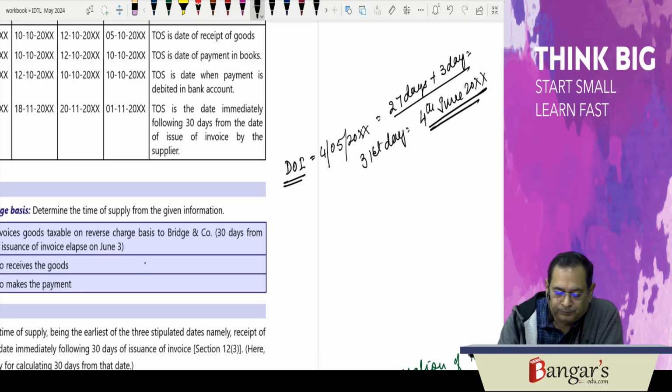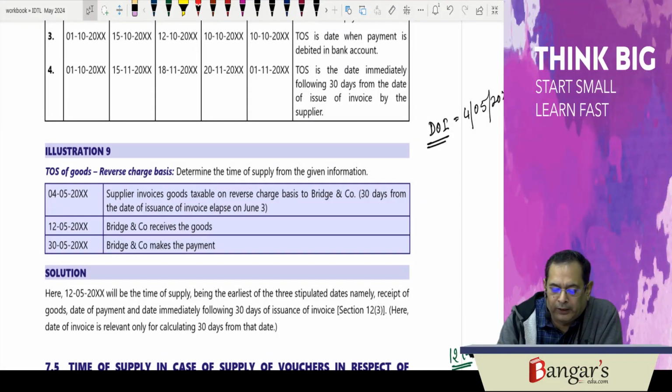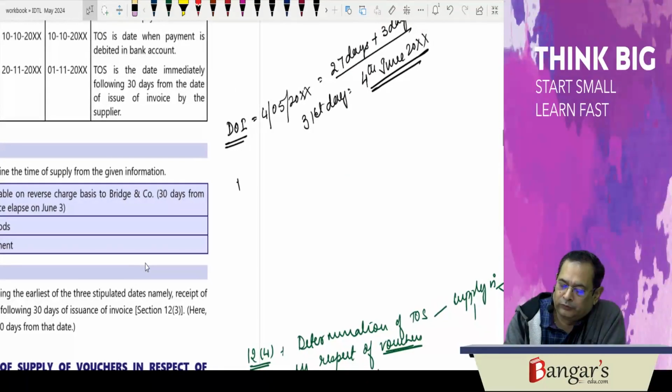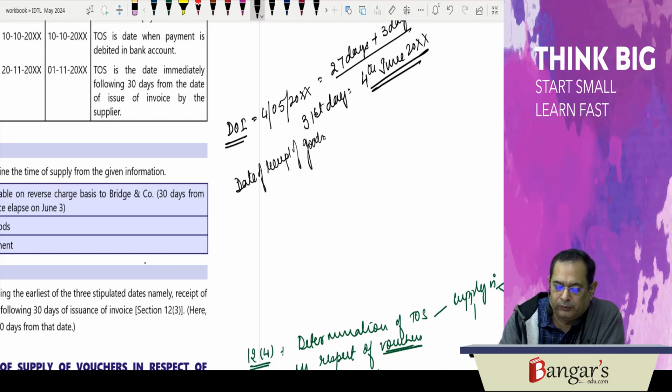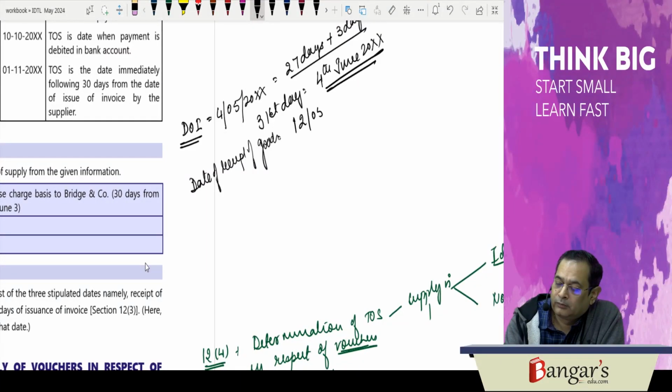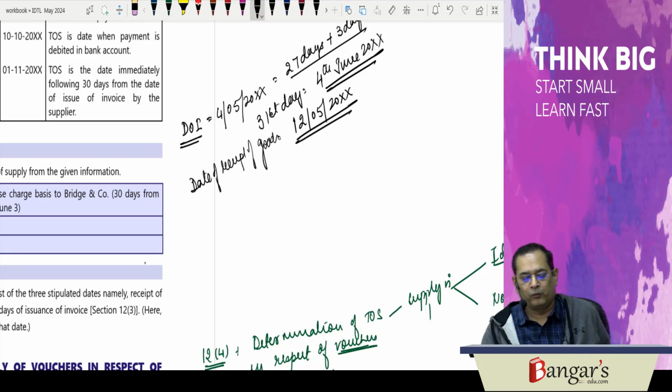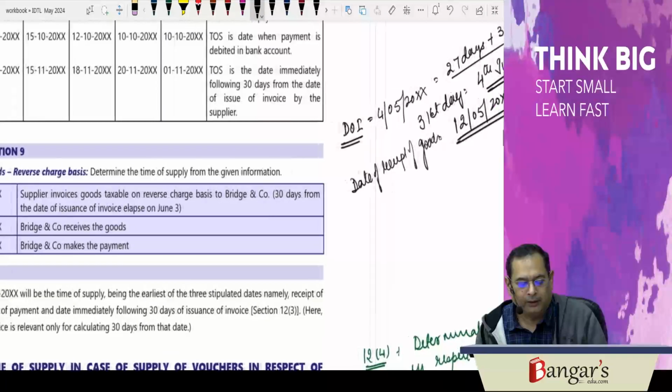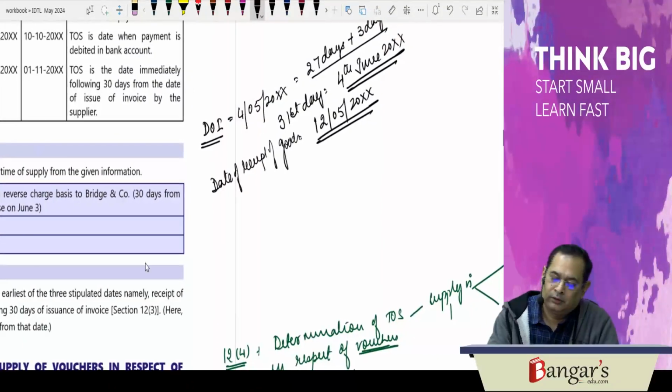On 12/5, Bridge and Company receives the goods. Date of receipt of goods is 12/5. And the date of payment is 35.